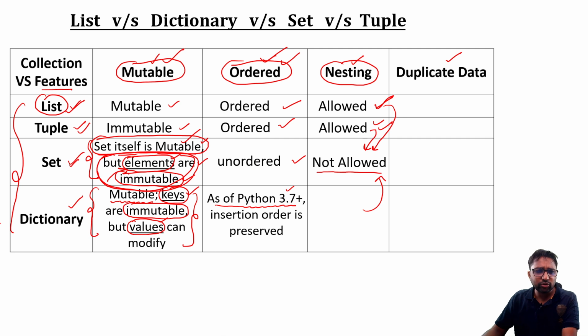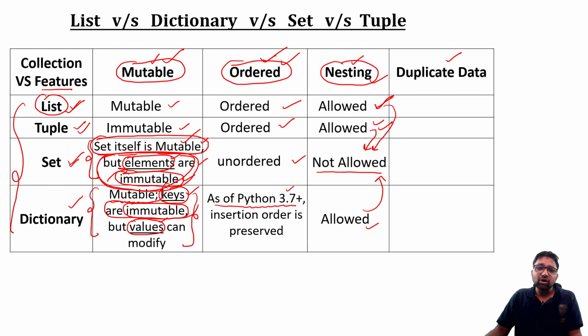Fine. What about dictionary? Does a dictionary allow nesting? Yes, that is allowed, but note down, you can store a dictionary inside a dictionary in the form of a value, not in the form of a key. Please note, we cannot store a dictionary inside a dictionary as a key, because keys are immutable.